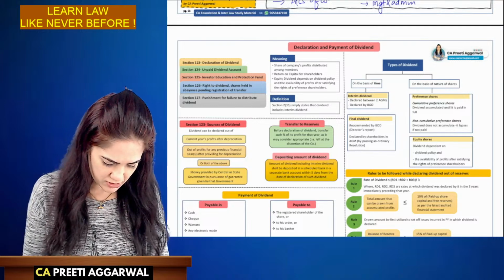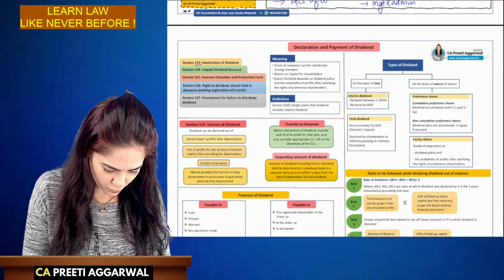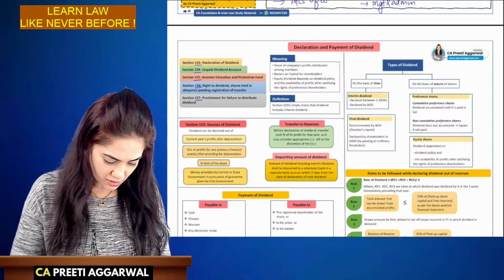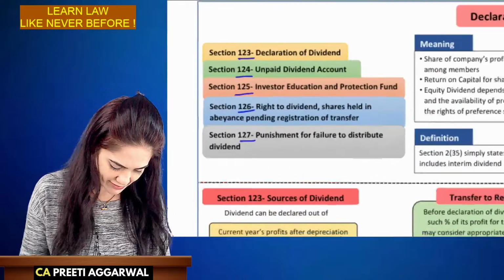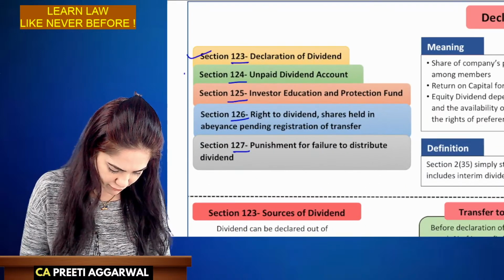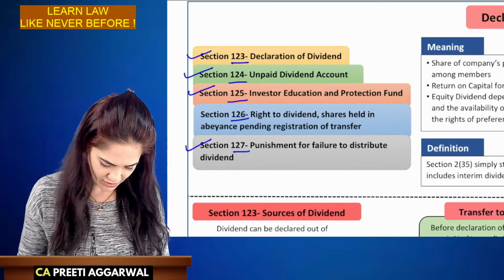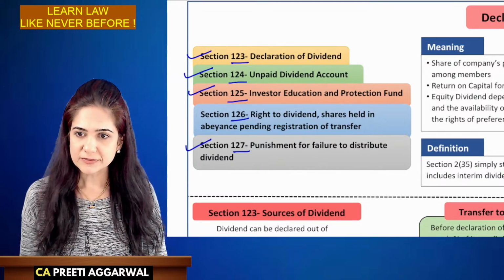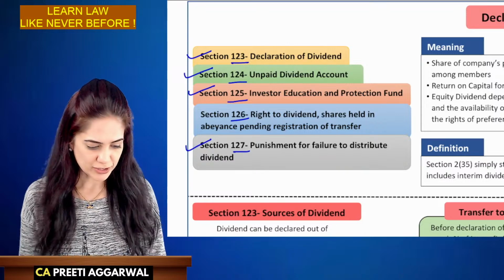This chapter covers sections 124, 125, 126, 127. From this, 123, 4, 5, and 7. They are important.